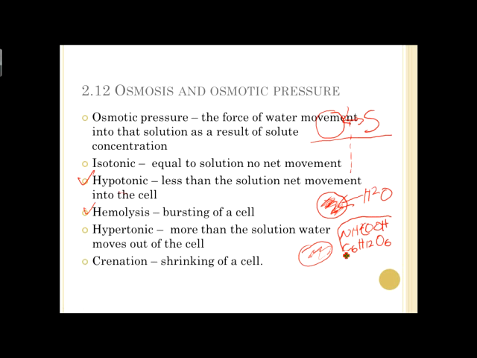So that's a gigantic molecule. So what do you think is thicker? Is it thicker inside the cell, or is it thicker from the solution standpoint? And the answer is this right here is much thicker than what's in the cell. So we're going to get a movement of water towards the thickest material.